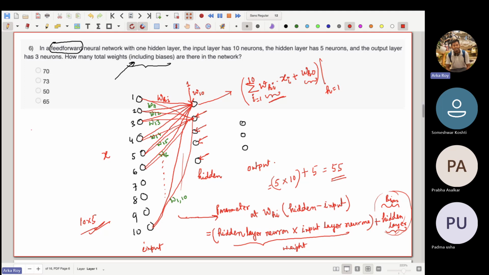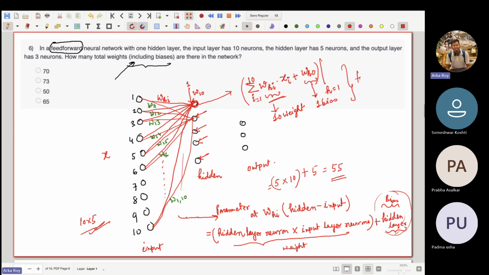So from another analogy, I told you that for this particular neuron only in the hidden layer, in total how many weight plus bias values do we need? So over here, we can see 10 weight values and 1 bias.